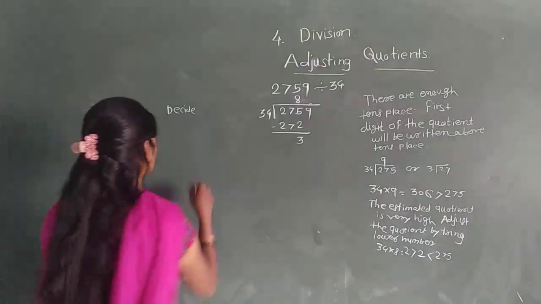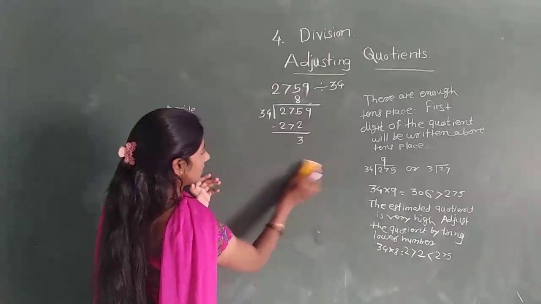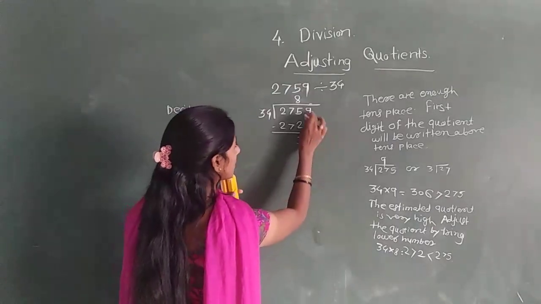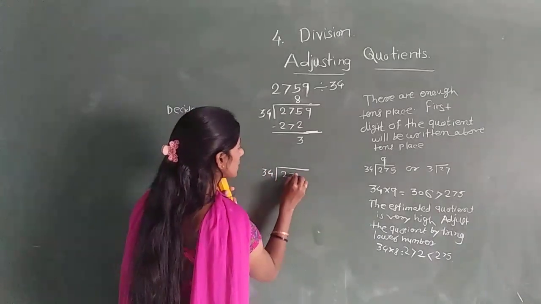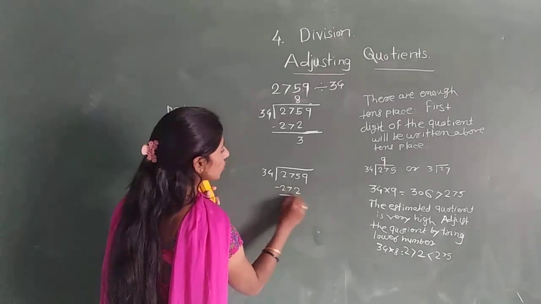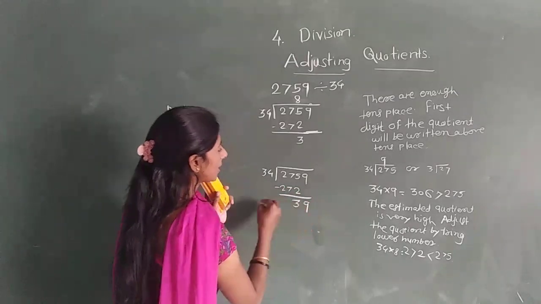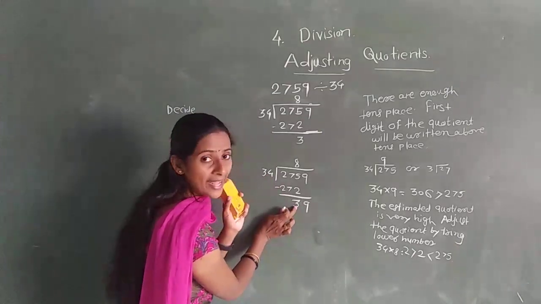Next, bring down the 9. 279 minus 272 gives 3 and 9, so 39. We know that 34 is less than 39.